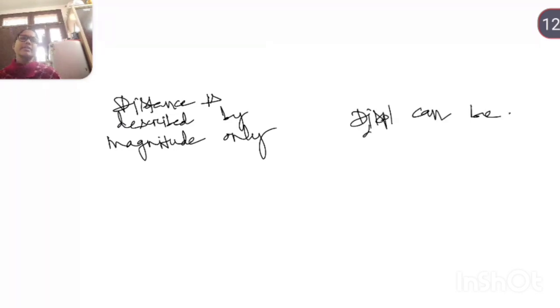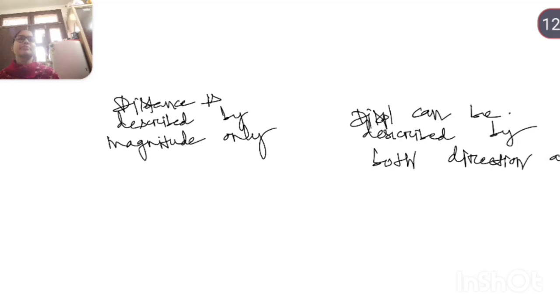Next, distance is described by magnitude only, while displacement can be described by both direction and magnitude.